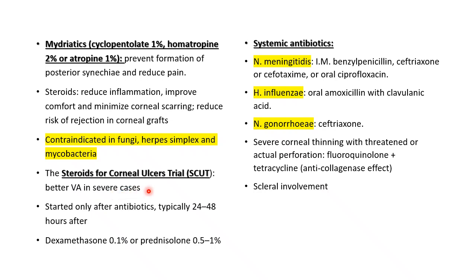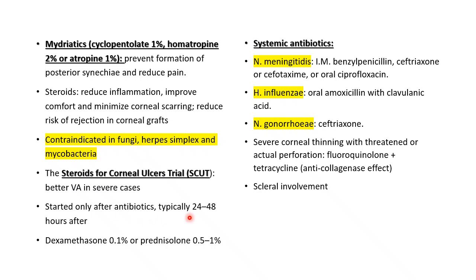So topical steroids were started in these cases once the ulcers had healed, very important, with the help of antibiotics. Then the steroids were given, and since steroids minimize scarring, the final visual acuity in these cases may have been significantly better as compared to controls.